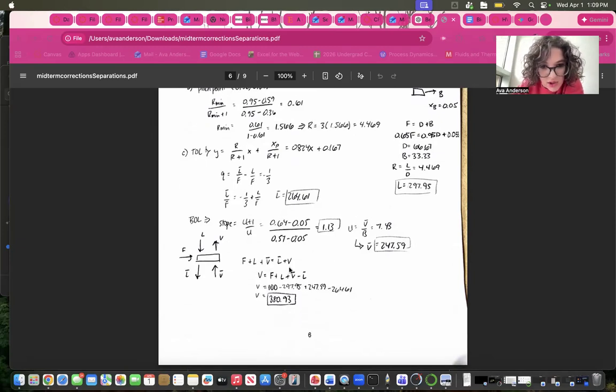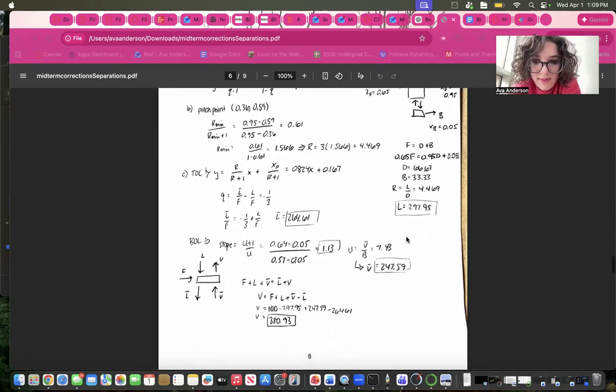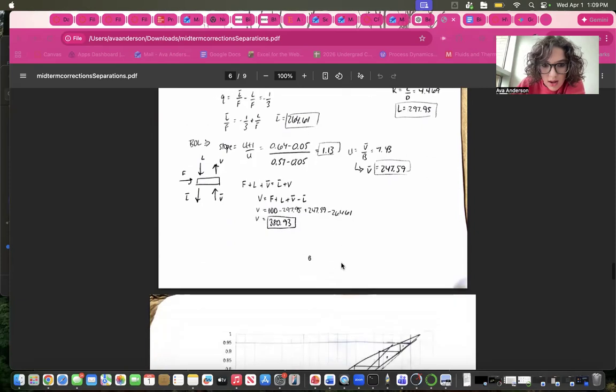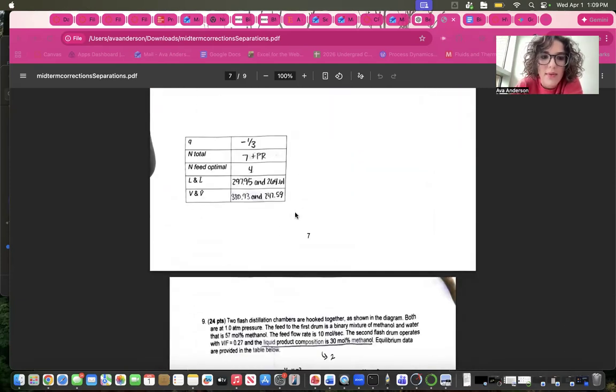And then using the equation F plus L plus V hat equals L hat plus V, you can solve for V, which is 380.93. And then because F equals D plus B, and then using 0.65 F equals 0.95 D plus 0.055 B, you can solve for D and B. And then R equals L over D, and therefore you can solve for L. And so those are numbers that you need down here.